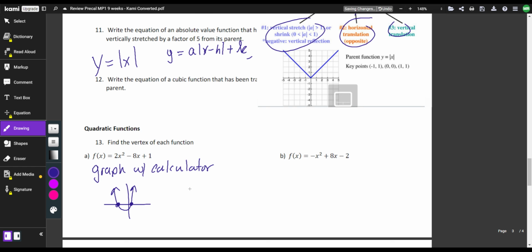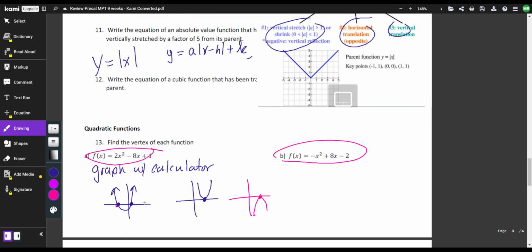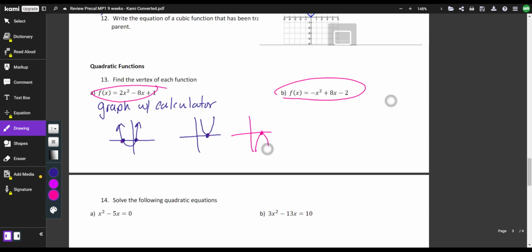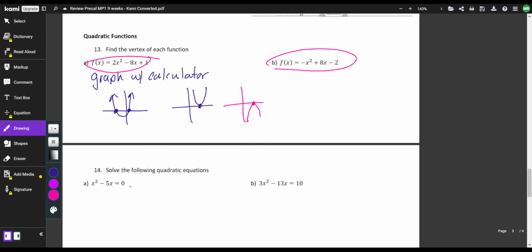So you might have two solutions, or you might have a situation like this where it's only one solution. You could even have something like this that's one solution. So all you need to do is graph these into the calculator, see where they cross the x-axis, and those coordinate points are your solutions. And I would do the same for these two. I would just graph them and try to find the solution.